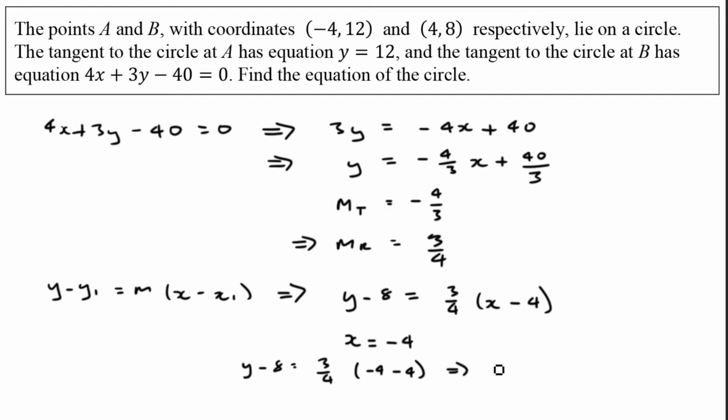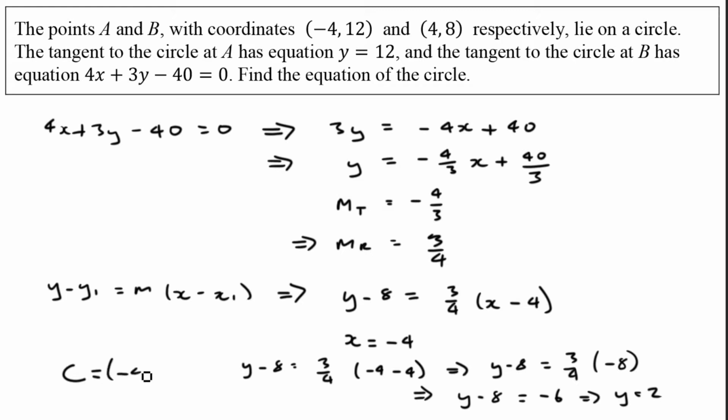In other words, y subtract 8 is 3/4 of negative 8. Well, negative 8 divided by 4 is negative 2, times 3 is negative 6. That means that y subtract 8 is negative 6, which means that y is 2. Therefore, we have the centre of the circle. The centre of the circle is (-4, 2).